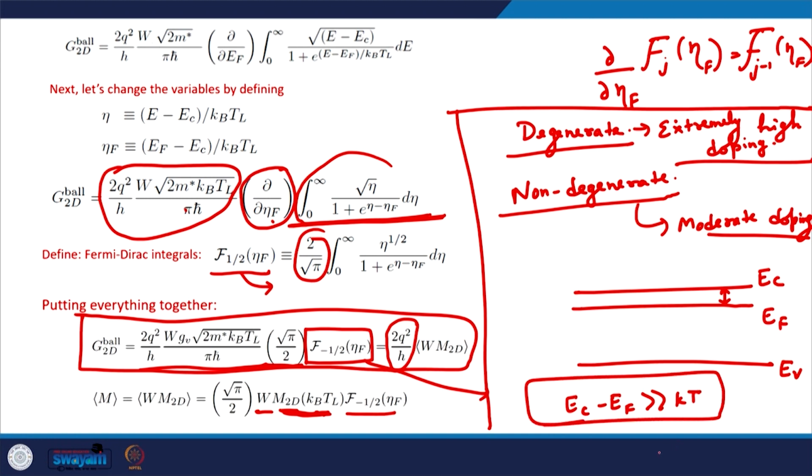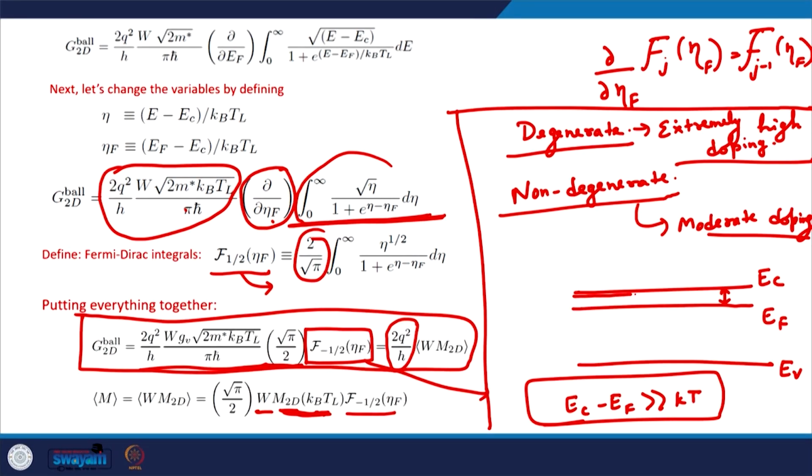But if the doping is extremely high, the dopants are placed very close to each other in the semiconductor, and EF comes very close to the conduction band edge, or it may even go inside the conduction band. So the Fermi level may lie here.